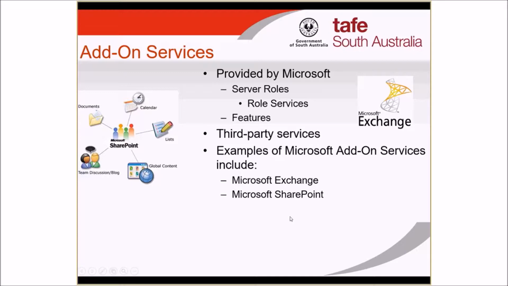All of those additional services can sit on top of Microsoft Server 2016. 2016 is the operating system, and then you put these services, in this case from Microsoft, on top of it. These additional add-on services from Microsoft will probably cost you more money. You get a certain level of services from the Server 2016 operating system, but if you want to put Exchange on top of it, you probably have to pay for Exchange as well.